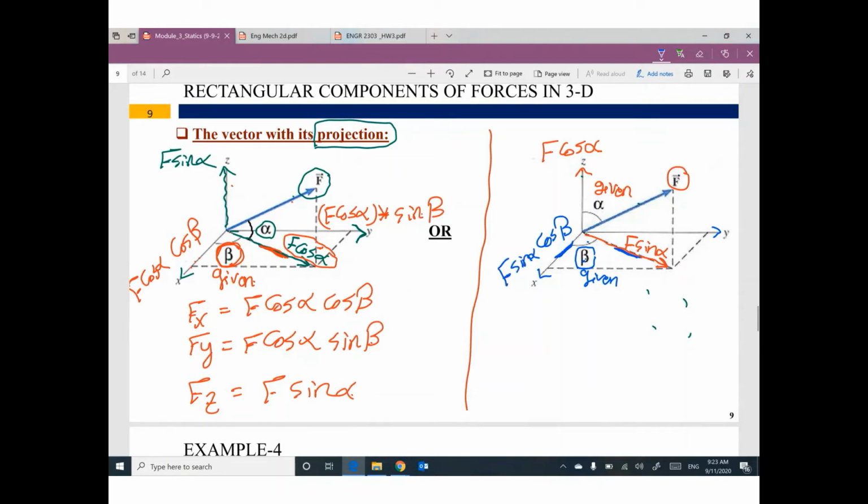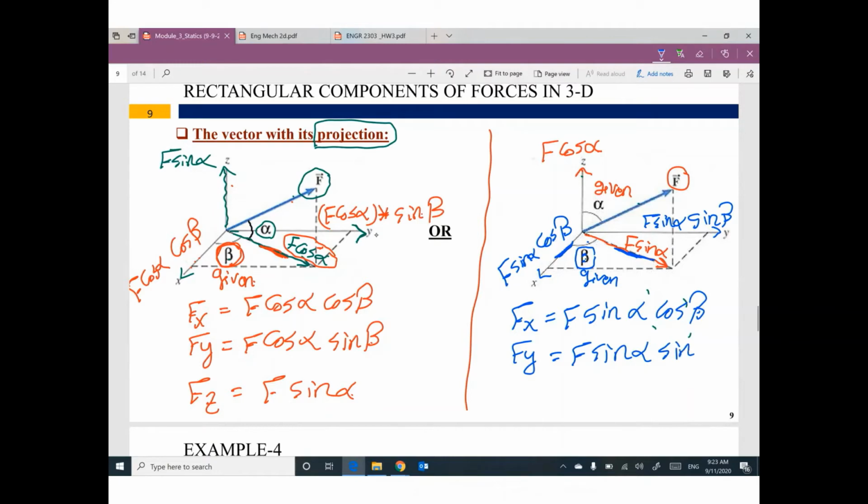This value F sine alpha, which is the value of the projection line, will be multiplied by sine beta. So finally, the X component for this force will be F sine alpha cosine beta. The Y component will be F sine alpha sine beta. The Z component will be F cosine alpha.